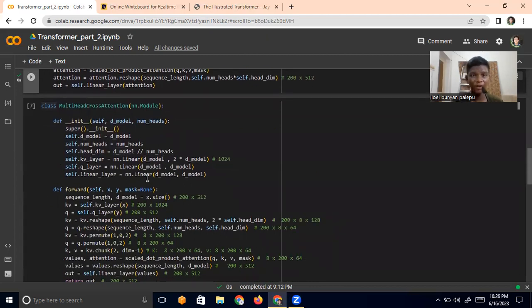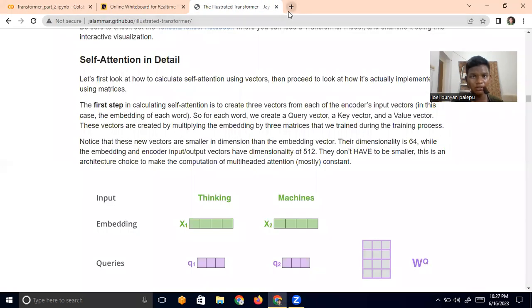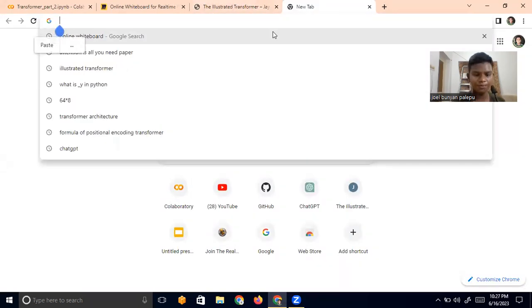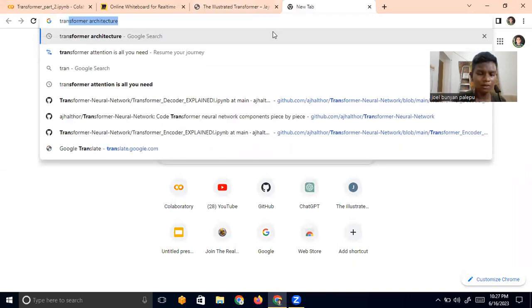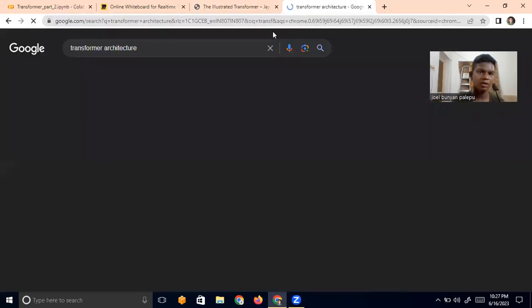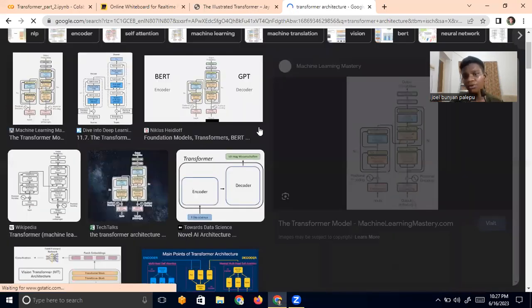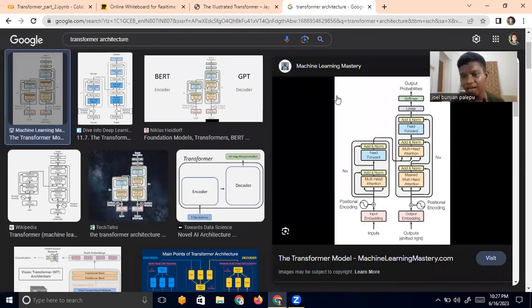So this is the new type of attention I'm talking about. Let me just open the transformer architecture photo. I'm doing the blocks separately. The classic old architecture photo I've shown you. Right, so the encoder block part we have already talked about. Positional encoding, you already know it, in order to add positional data.